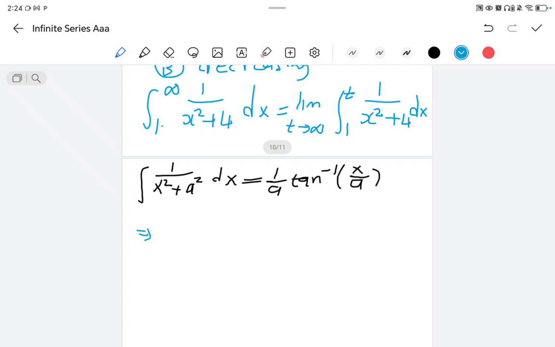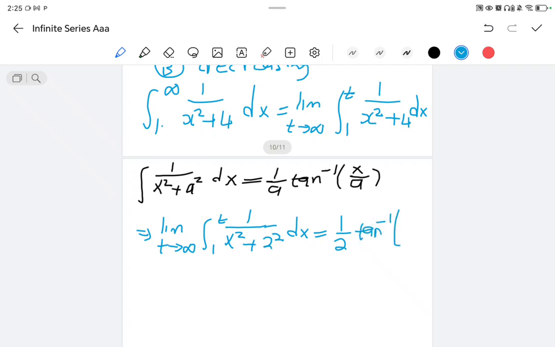In this case, this would imply the limit as t approaches infinity of the integral from 1 to t of 1 over x squared plus 4, where 4 is 2 to the exponent 2, dx. You agree, right? This would be equal to 1 over 2, since our a here is 2, times arctan of x over 2.